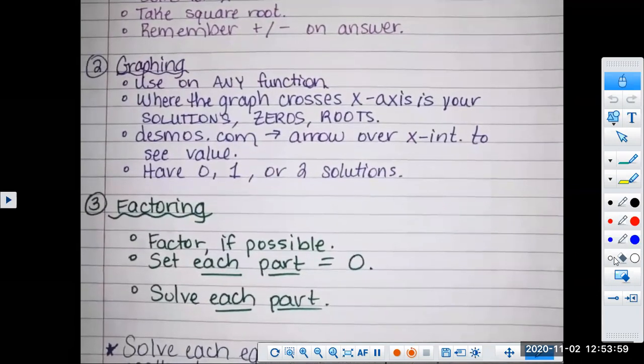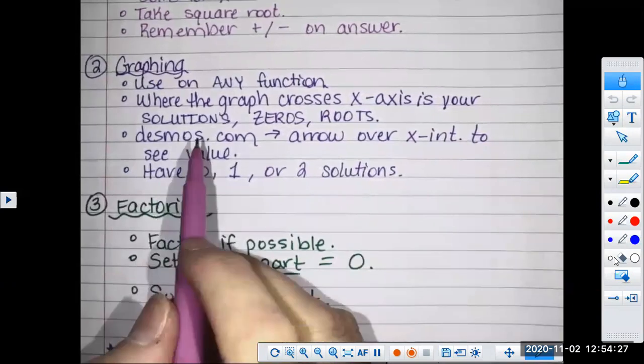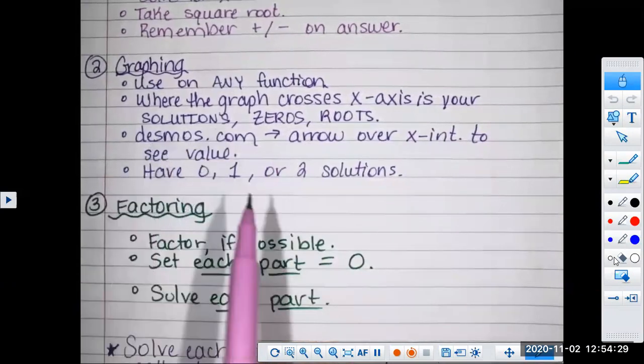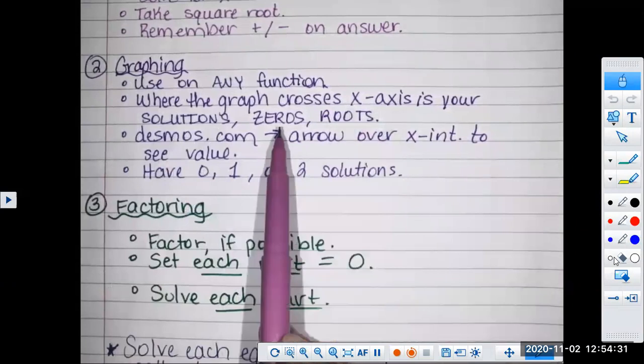Okay, second method, graphing. You can use, like I said, on any function. Your x-intercepts are your answers. The x values or x coordinates of your x-intercept are the solutions to your quadratic. Maybe you've heard this before, that your x-intercepts can also be called zeros, roots?